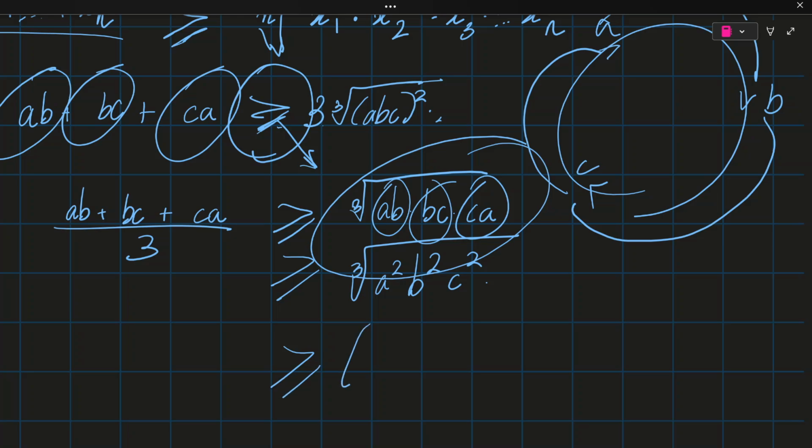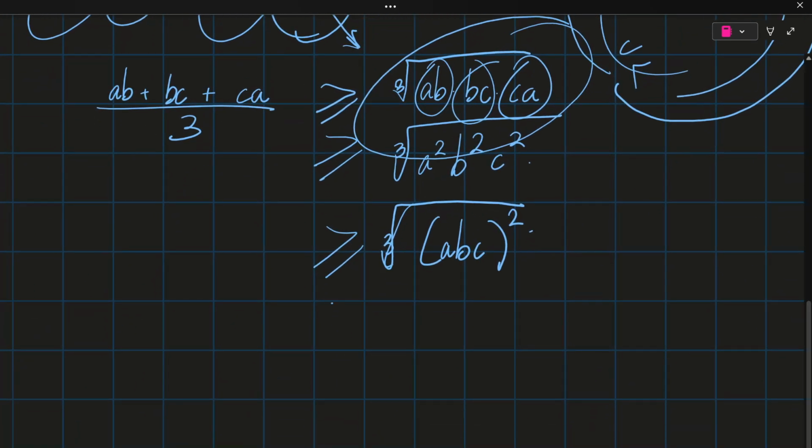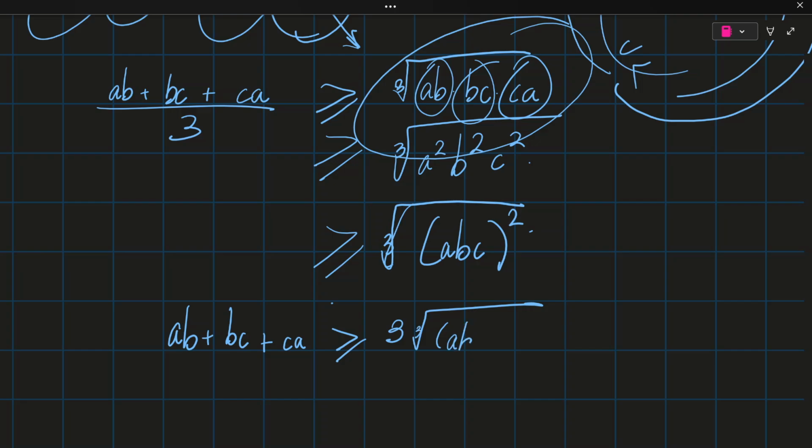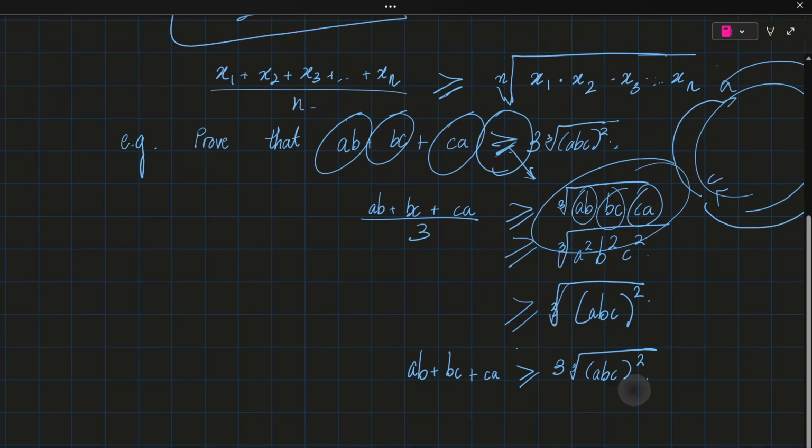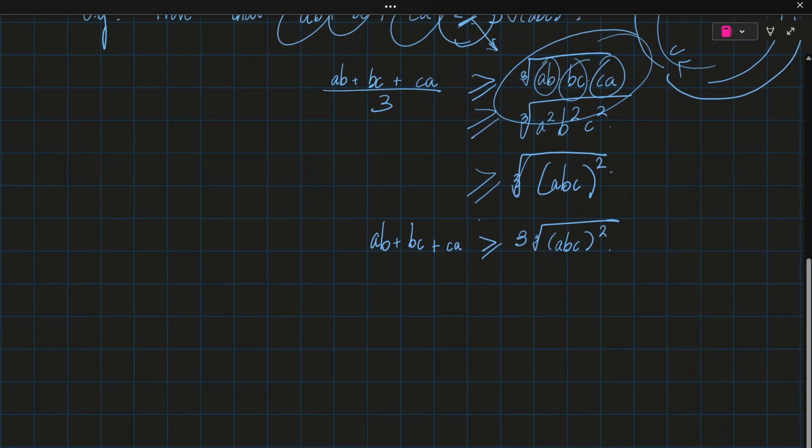So we will have this in our cube root, ABC the whole squared. And to conclude, we will send the 3 to the right-hand side, to which we will get our desired answer. Okay, let's move on to a harder problem.